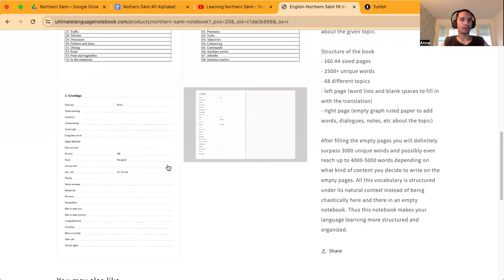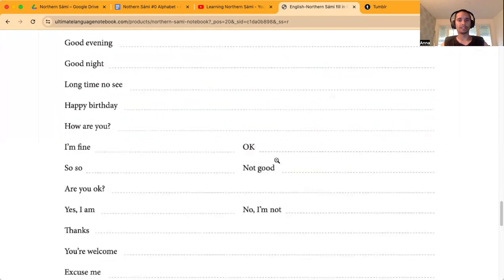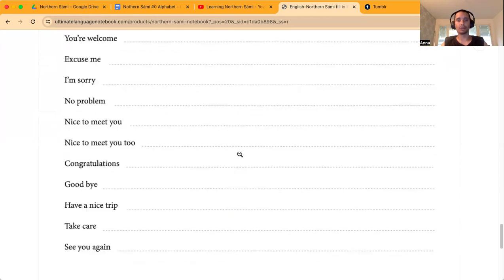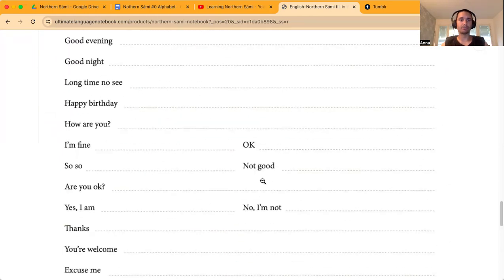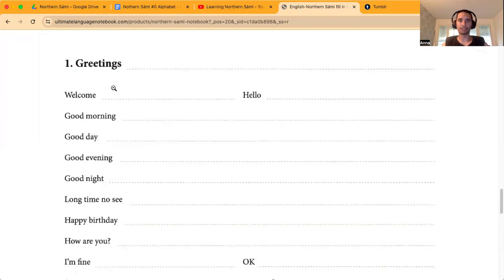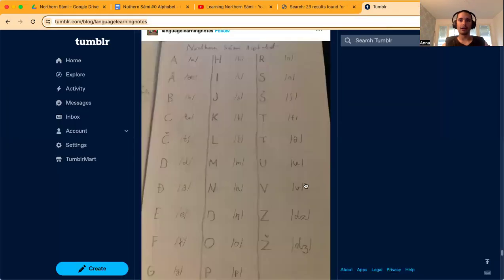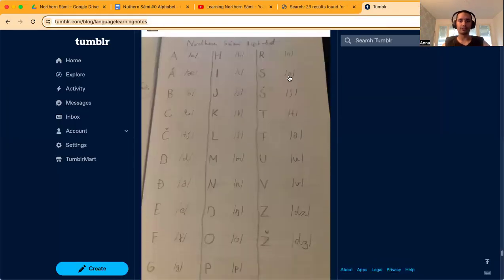So you can see here it's like this. This is the first chapter, greetings. Today we are going through the alphabet. Before this chapter, greetings, I have a completely empty spread where I've written the alphabet, like you can see here.